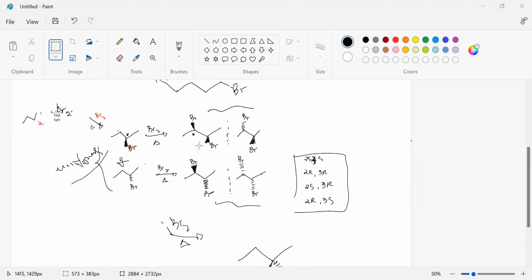So you only get 2S, 3S and 2R, 3R. Okay, so there is no other one. Because when we count from left to right, it's the same. This is the extra.